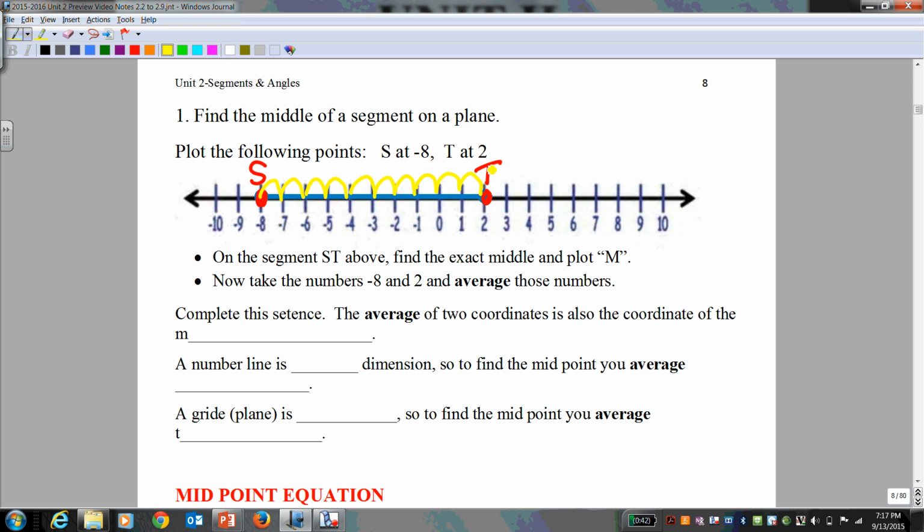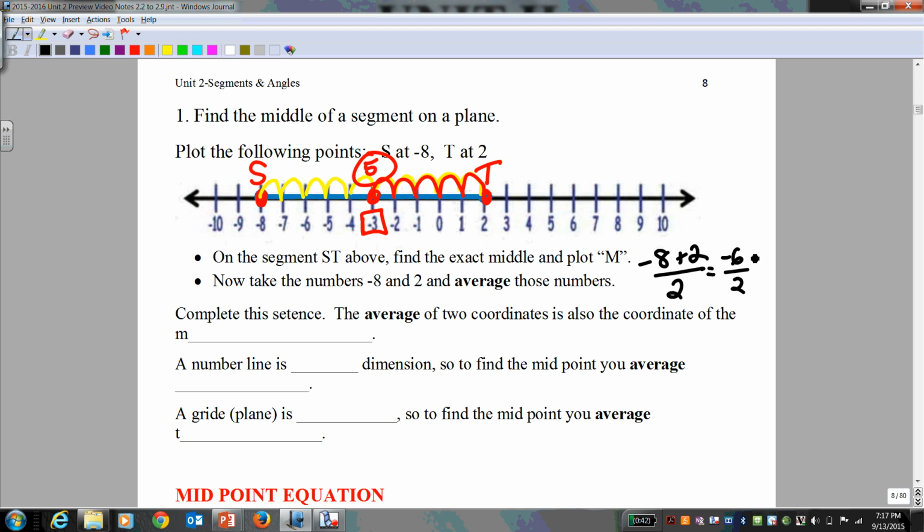Now, there's a couple ways you can do this. We realize there's 10 units between them, and so all I need to do is count 5. 1, 2, 3, 4, and 5, and lo and behold, I have the exact middle right here, which is coordinate -3. Or you can do what's called average. Let's average -8 plus +2. You add and you divide by the number that you have, which in this case is 2. -6 divided by 2.